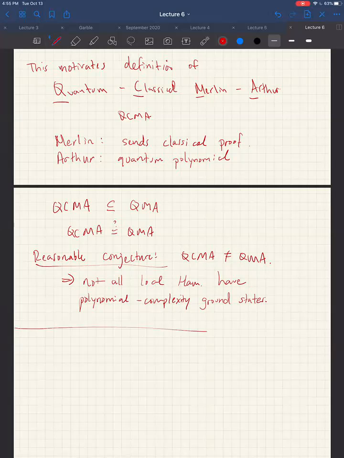So let's connect this to the quantum PCP conjecture. QPCP plus the assumption that QCMA is different from QMA would imply that not only do ground states in general not have polynomial complexity, but even states that have much higher energies, up to this medium energy range.